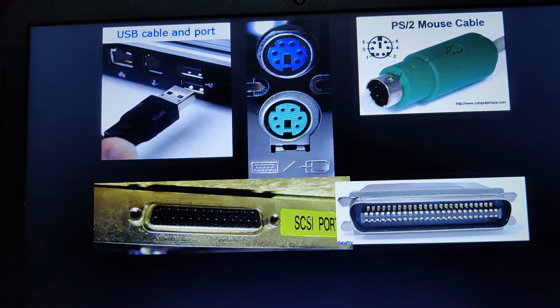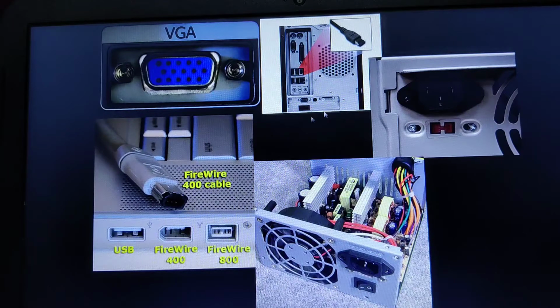Now let us move on to our next port, that is the VGA port. VGA stands for Visual Graphics Adapter port. It is the port which helps you connect the monitor to the computer's video card. How you are able to see the Windows operating system, your icons, My Computer, everything onto your desktop or the monitor screen, it is because of the presence of the video card on your motherboard.